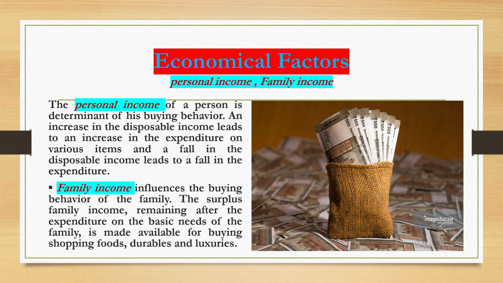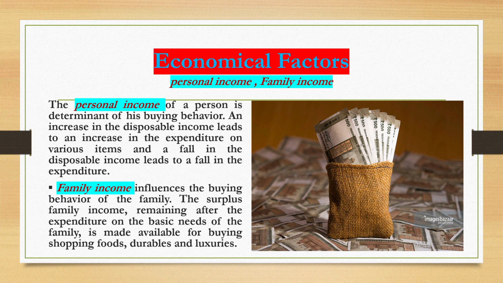An increase in the disposable income leads to an increase in the expenditure on various items, and a fall in the disposable income leads to a fall in the expenditure. Definitely, if I have better personal income, I would go for a high-end product or a high-quality product or brand.